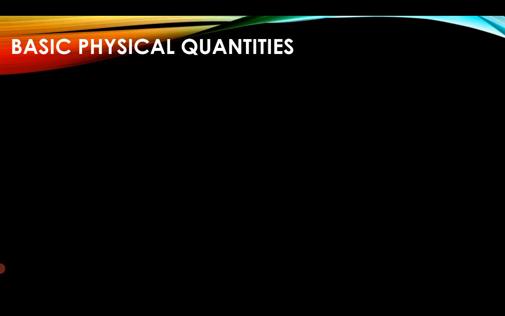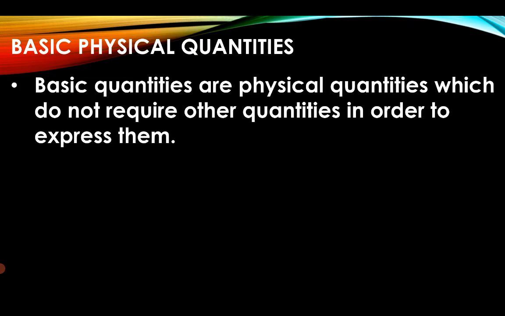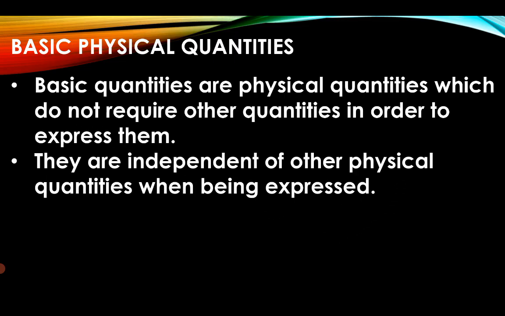We define basic physical quantities as physical quantities which do not require other quantities in order to express them. In other words, these quantities are independent of other physical quantities when being expressed.